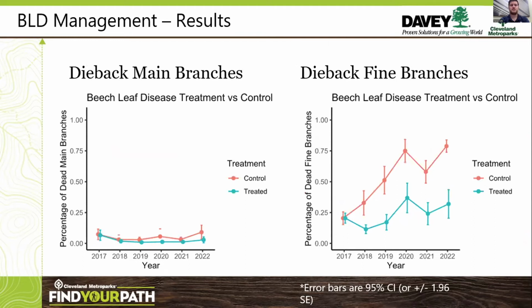We also tracked dieback in two different forms. We call one main branch dieback and the other fine. Main branch is what you think of with emerald ash borer, with the entire vascular system being cut off within a main branch going all the way back to the stem. That does not seem to be the case with beech leaf disease. We have very little full branch dieback here, but what we do see is a lot of fine branches that are dead.